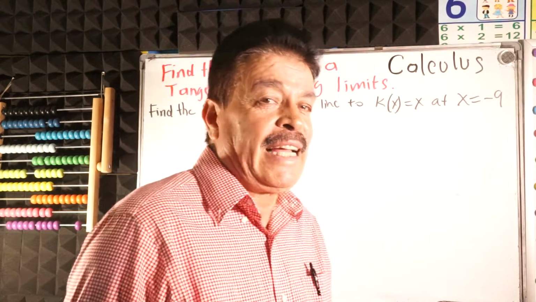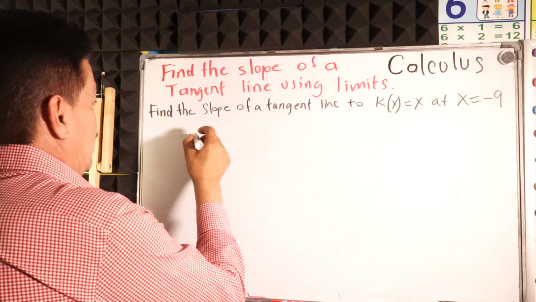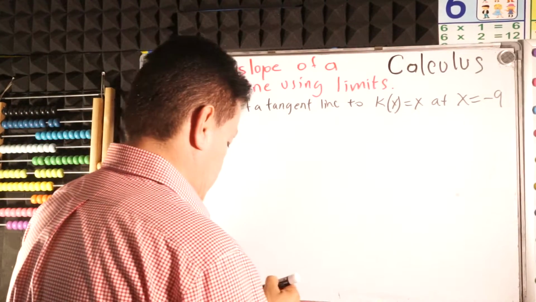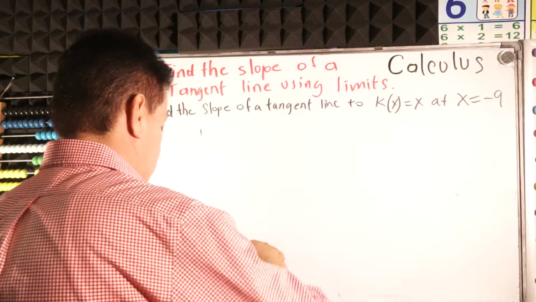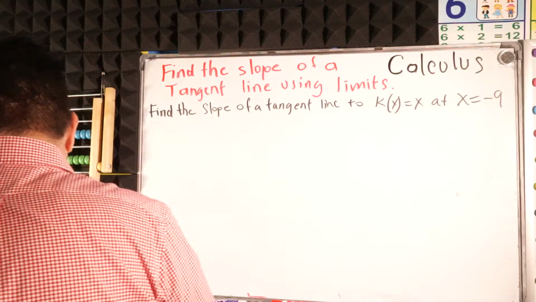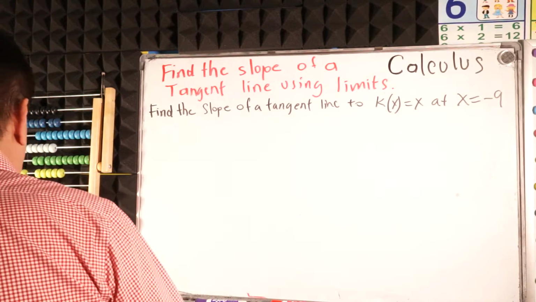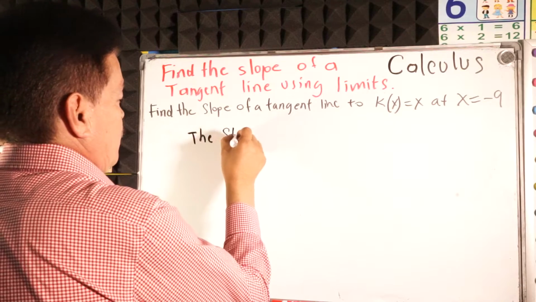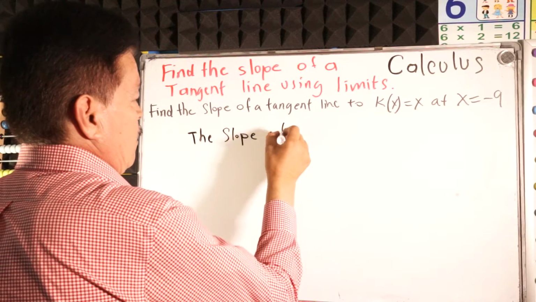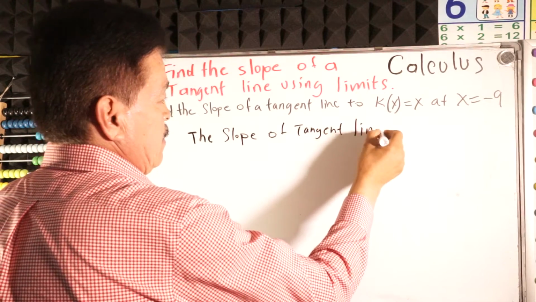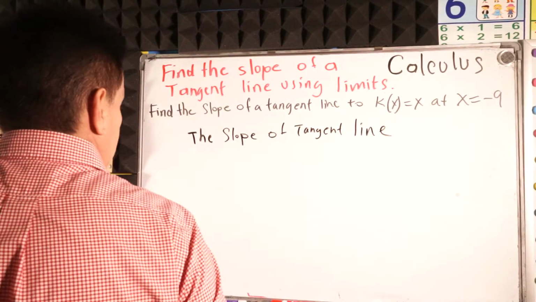The slope of the tangent line, okay, the slope. Let's mark it.